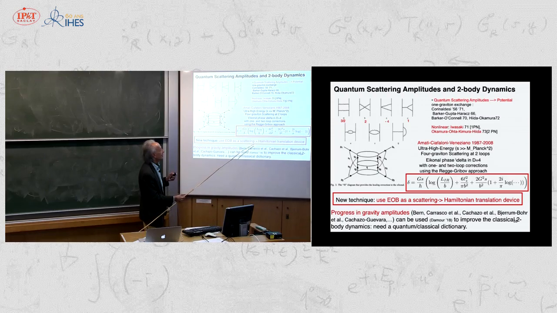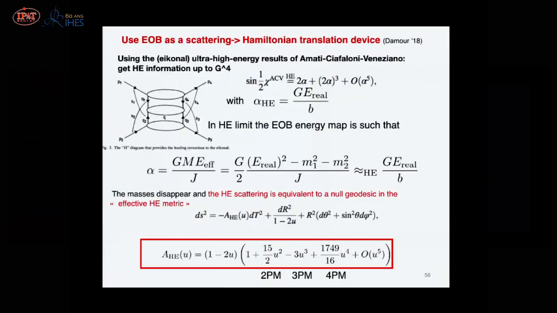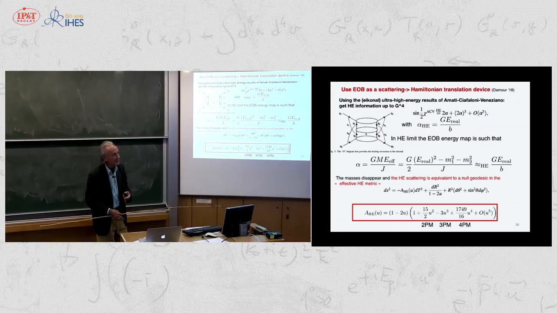Because now, besides this, which is the only existing two-loop calculation based on string theory methods, there is, as you know, much progress in computing gravity amplitudes using on-shell methods, using double copy. The idea is to show how you can translate between a quantum scattering amplitude and an effective one-body description, which then gives information for classical gravity.